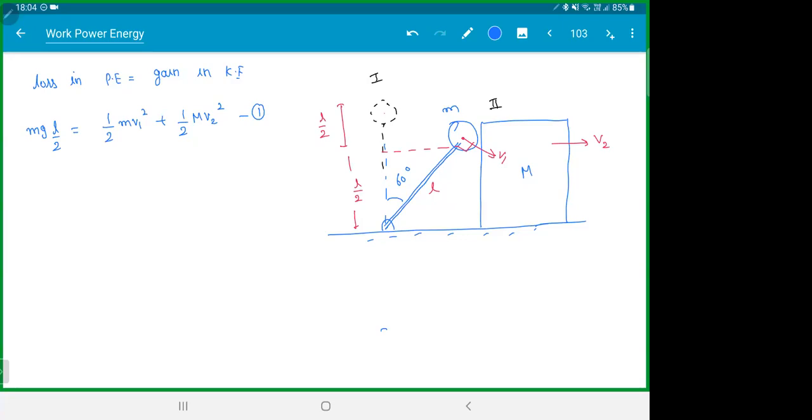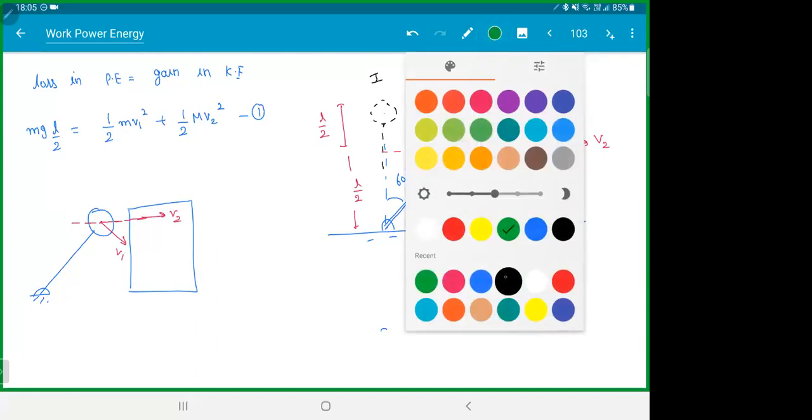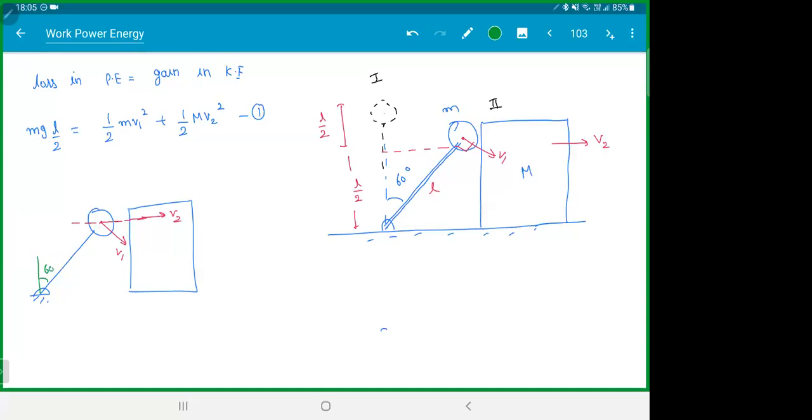Now see, just before losing contact, if you look at the velocities, velocity along the common normal must be same. So this is V1, this is V2. So if this angle is 60, this would be 60 and that will be 30. So this also will be 60.